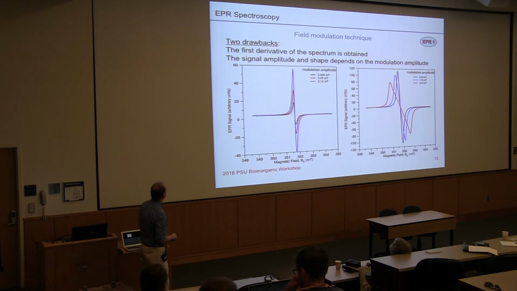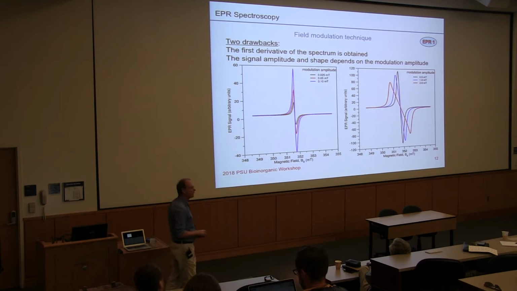Okay, so there are a couple of drawbacks to this method. One of them is, of course, that we get the first derivative of the spectrum, and probably what we would actually prefer to work with is the actual absorption line. You could reproduce that by integrating the signal. There are technical issues with doing that sometimes.